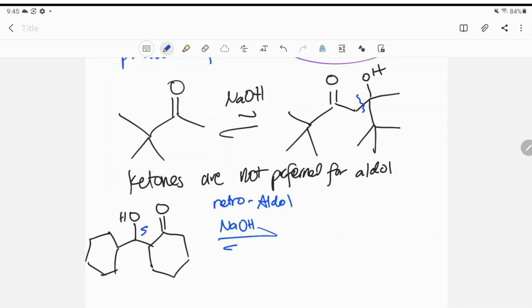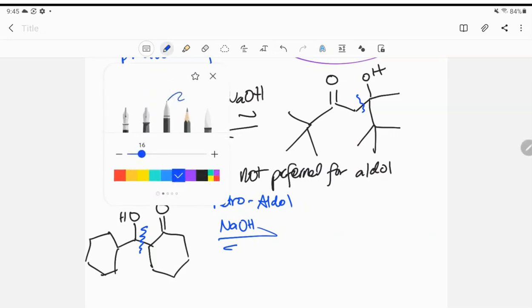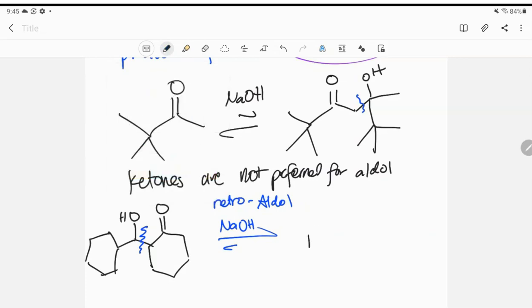If you have an aldol product that came from a ketone, i.e. a beta hydroxy ketone, not a beta hydroxyaldehyde, you can split that bond, forming your ketone. You'll end up with two of these cyclohexanones.